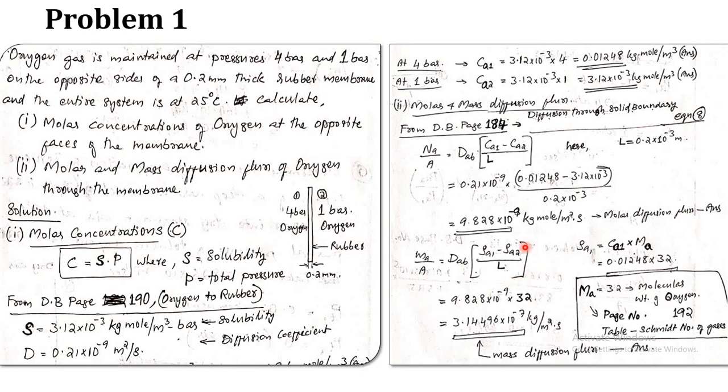This is the equation for mass flux. This equation you can directly find in the data book, page number 184, equation 8. Here we need to find rho A1 and rho A2.